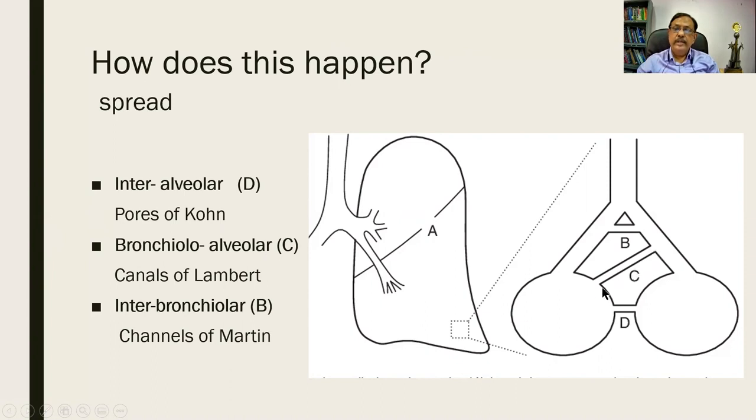Bronchiolo-alveolar, this is another form of interconnection, and that is the canals of Lambert. And the interbronchiolar is the canals of Martin. So these are the interconnections, and you will understand why I am explaining this.